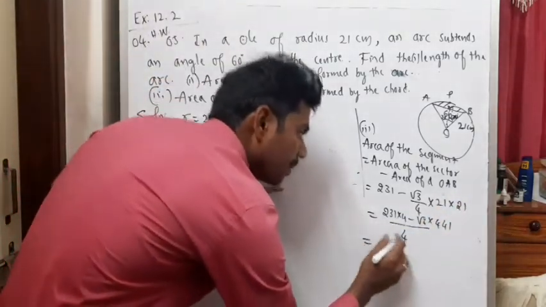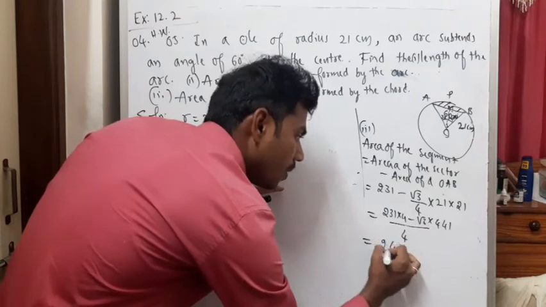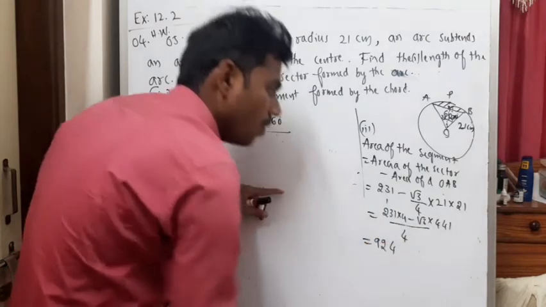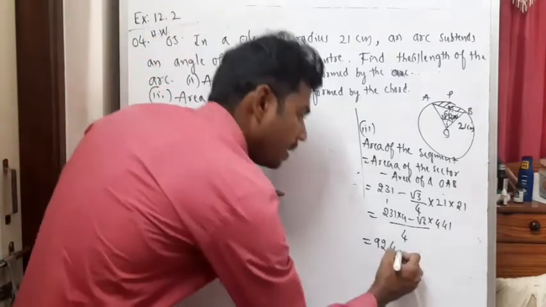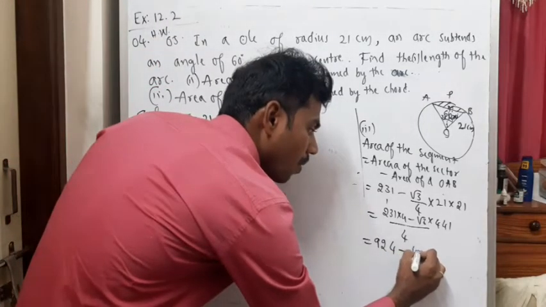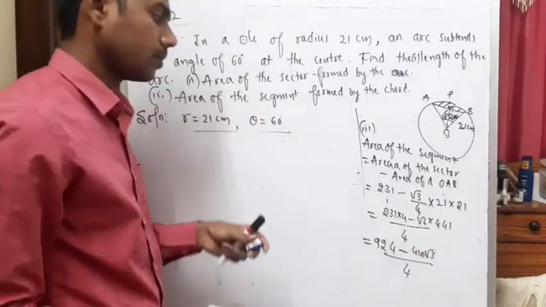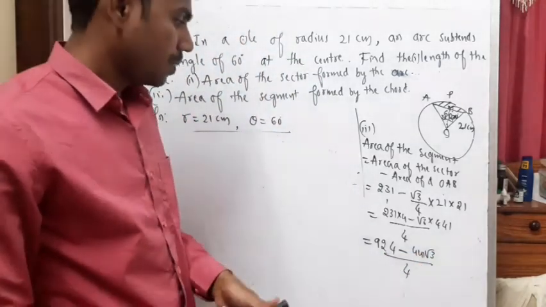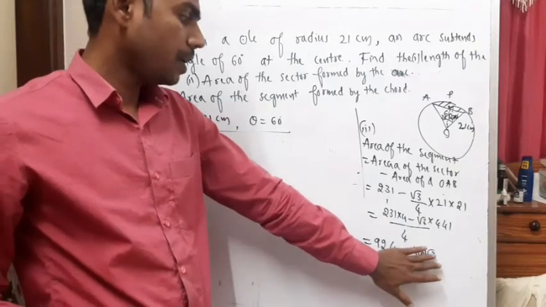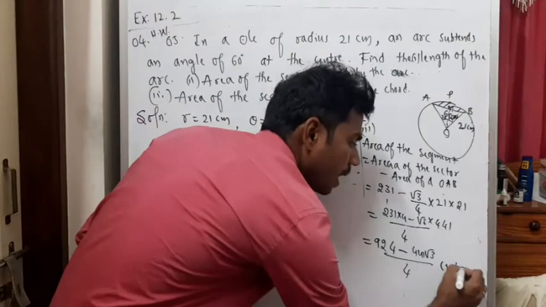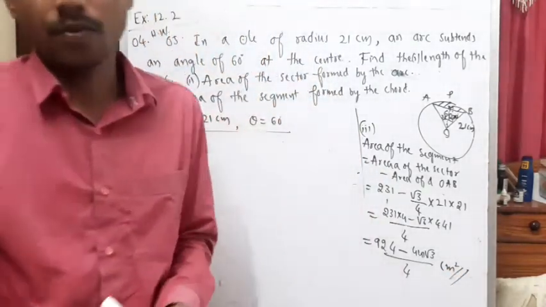So 4 1s are 4, 4 3s are 12, carry 1, 4 2s are 8 plus 1, 9, 924 minus 441 root 3 divided by 4. So 924 minus 441 into root 3 by 4 centimeter square. This will be the area. Please note it down.